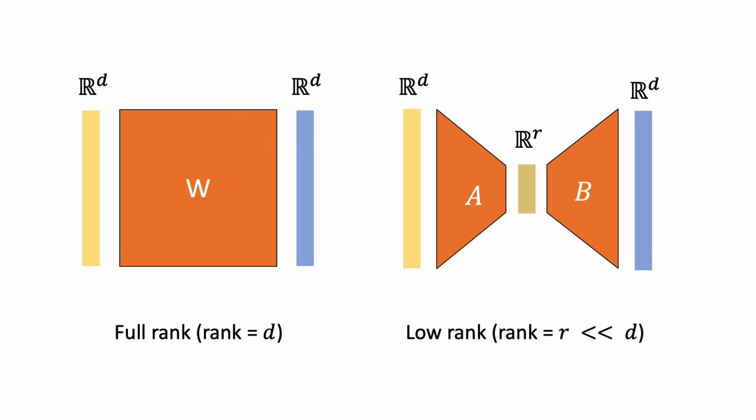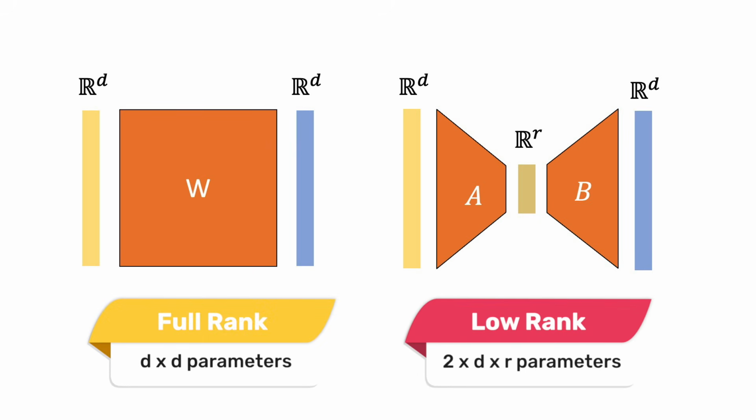Imagine an extreme case where r, the rank, equals 1. Whatever the input does boils down to just one number, which can only scale the output. By picking a small r, the kind of linear transformation we can represent is greatly limited, even though the output is still in R^d. Now, we only have to store 2 times d times r parameters instead of d squared. This is how LoRA stores matrix updates.